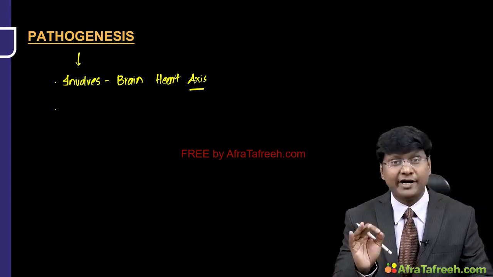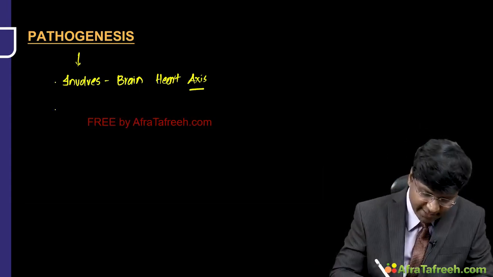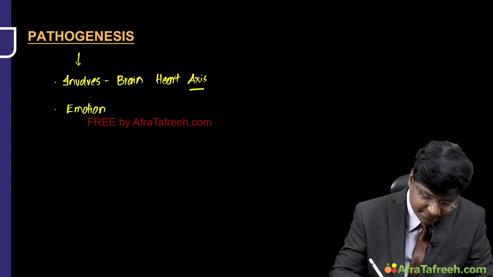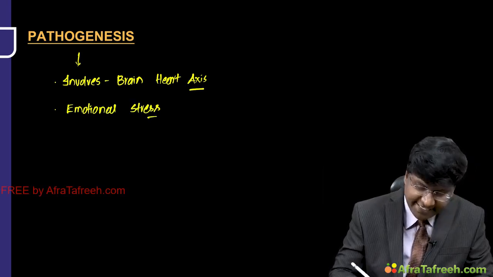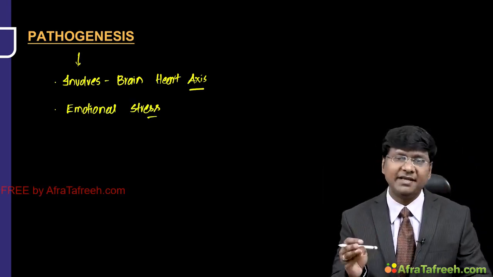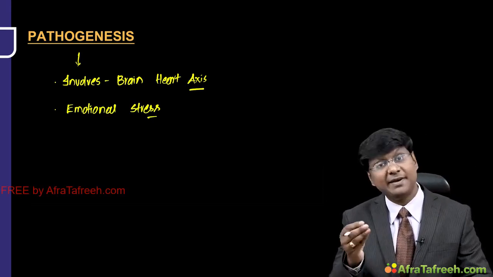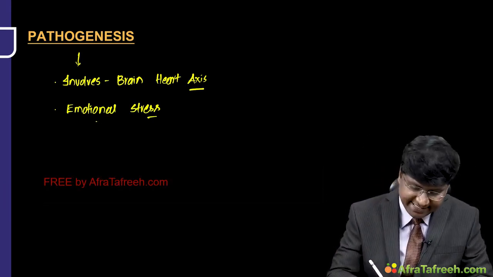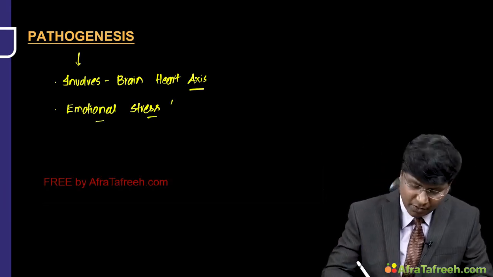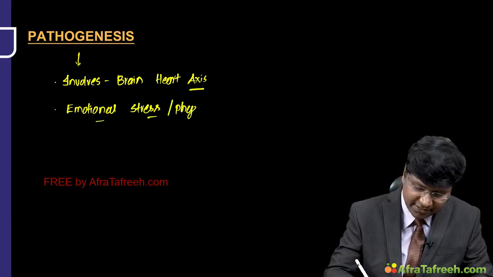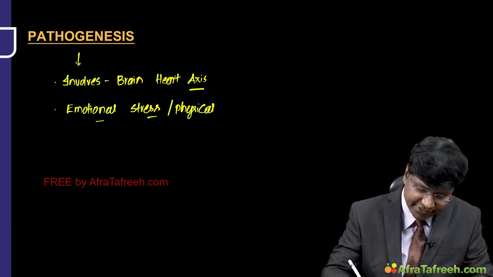The important point is there should be a significant emotional stress, and this emotional stress might be a negative event or a positive event. It could be even physical stress.